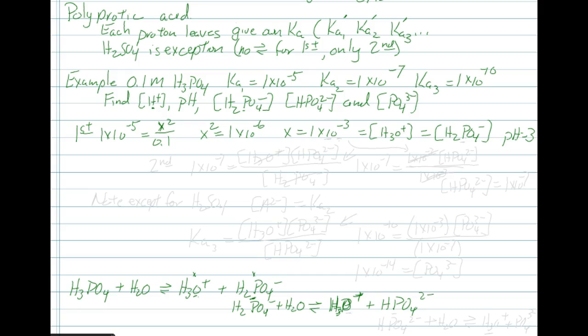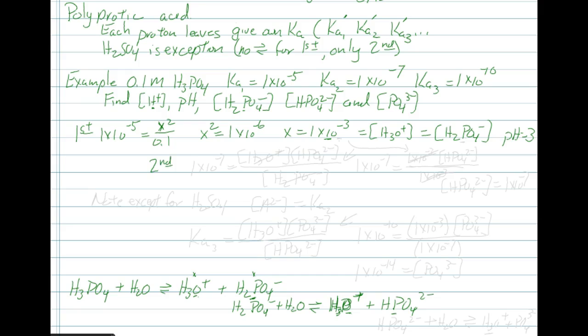Okay? Now, you cannot use x squared because this number is going to be different from this number, because it's like a mixture of two acids. This is going to be given to you up here, 1 times 10 to the negative third. So here we really do have to write things out.